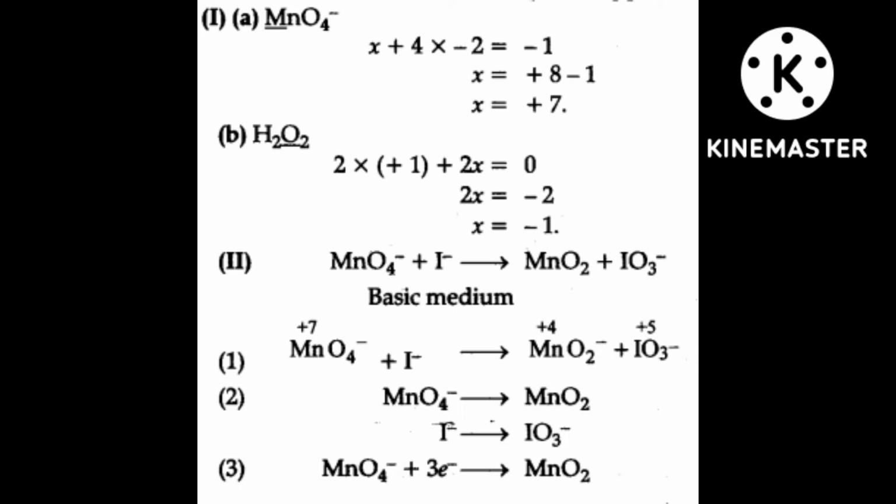Okay, there are many elements which exhibit variable valence. Why do elements show variable valence? The answer is like that. This is particularly a characteristic of d orbitals. Many elements exhibit variable valency or oxidation state. This is particularly a characteristic of transition elements.